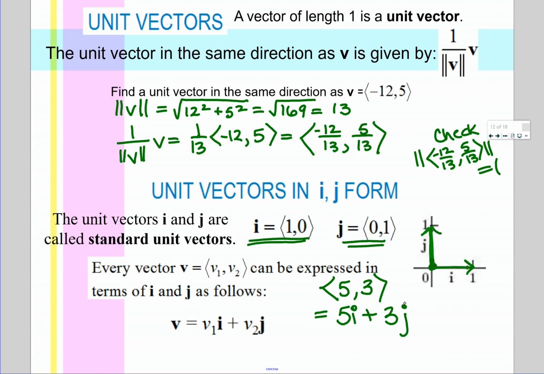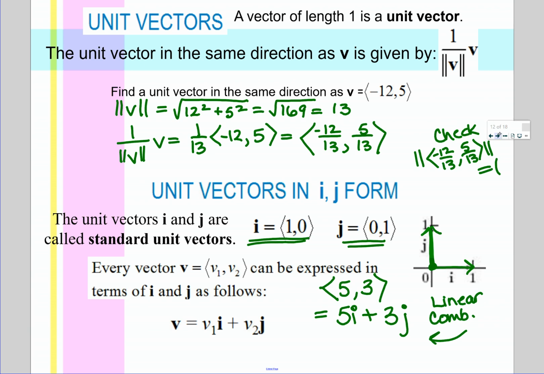So if you see an I and a j, just know the number in front of the I represents that first component, the horizontal piece. The number in front of the j represents the second component, or the vertical piece. Okay, and again, this is sometimes called linear combination form. If you see that, that's what this means. Questions on that?